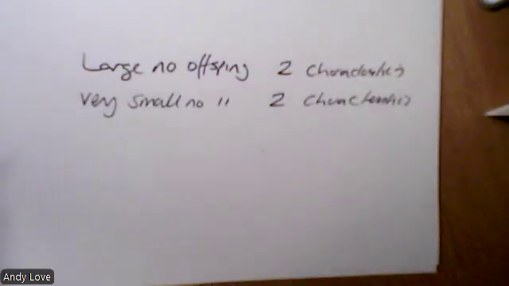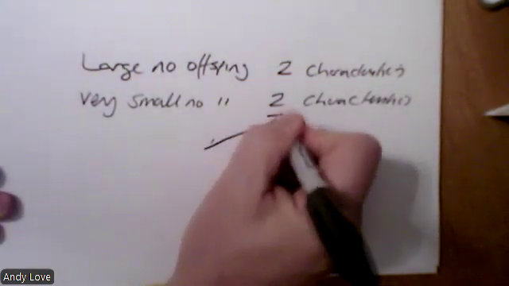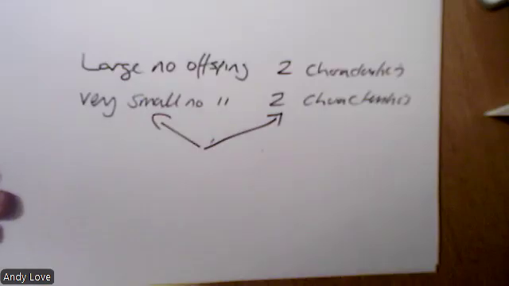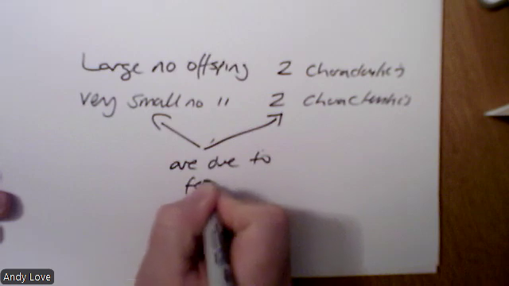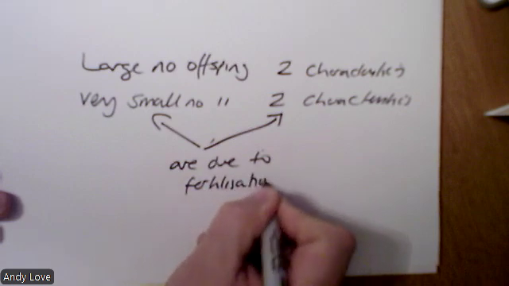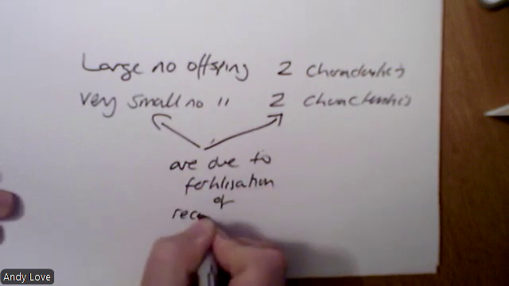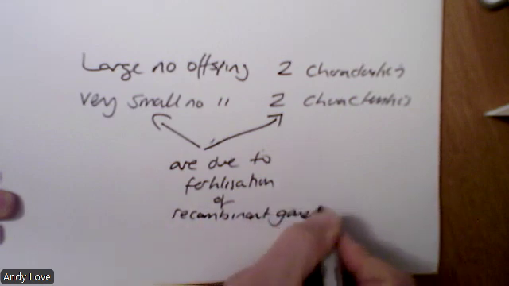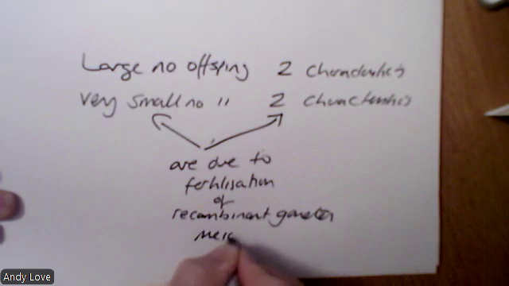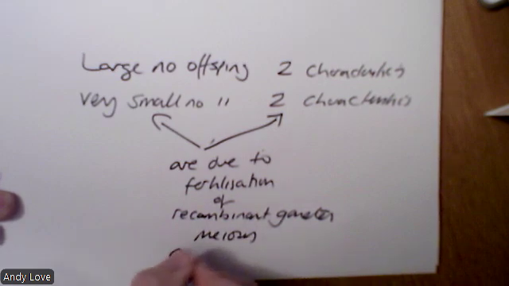Okay? Because that indicates that those two that have been produced in very small number are due to fertilization of recombinant gametes. And recombinant gametes are produced by meiosis as a result of crossing over.